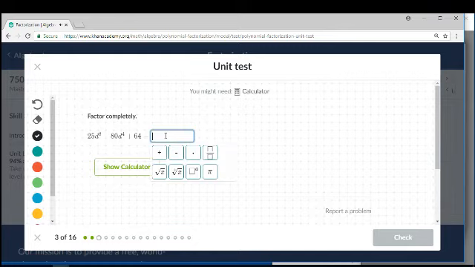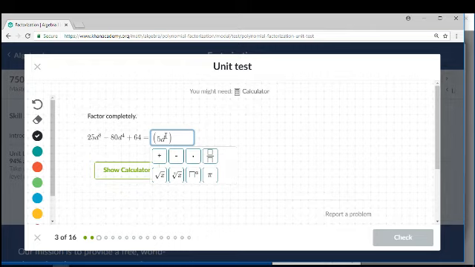All right, factor completely. So the square root of 25d to the eighth is going to be 5d to the fourth. And then the only way to get 64 is 8 times 8, positive or negative.